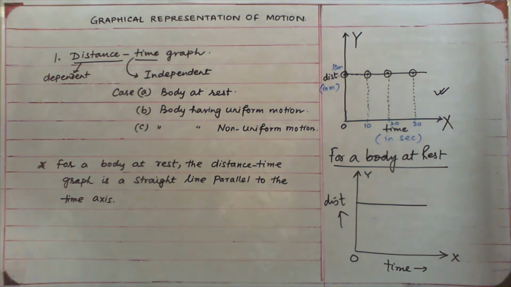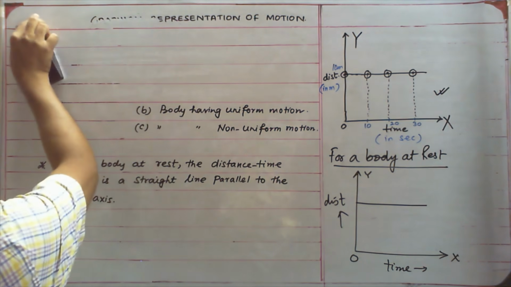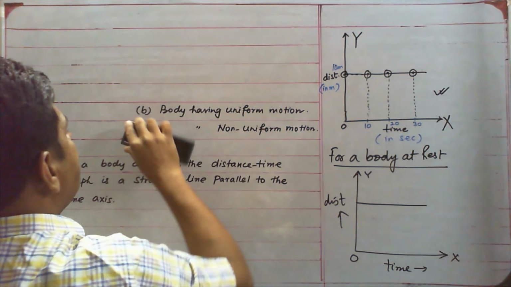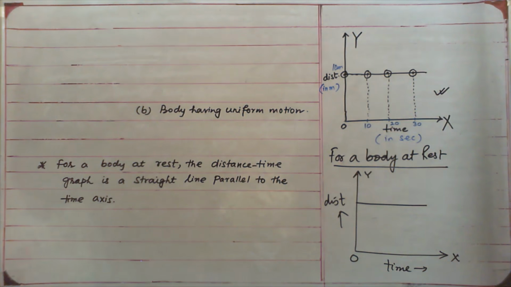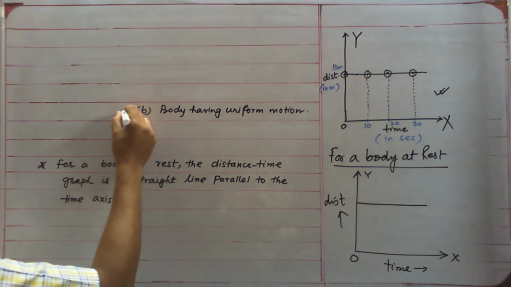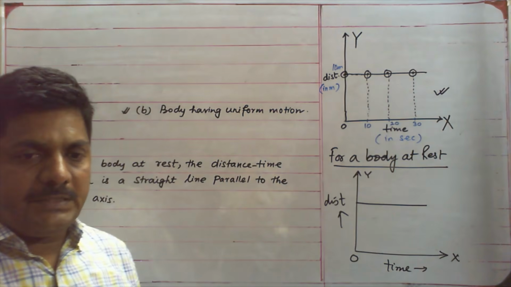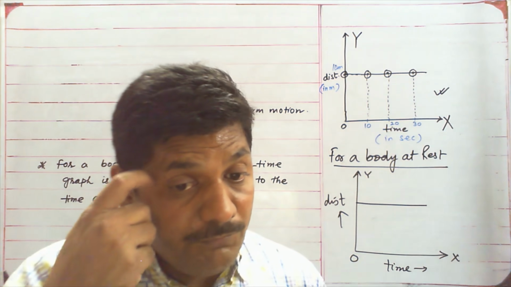Body having uniform motion. So case number 2 is body having uniform motion. Now before we move on to this topic, we must know the definition of uniform motion.